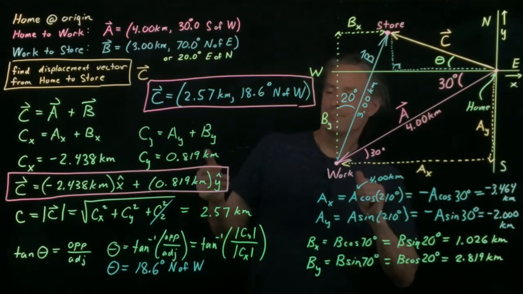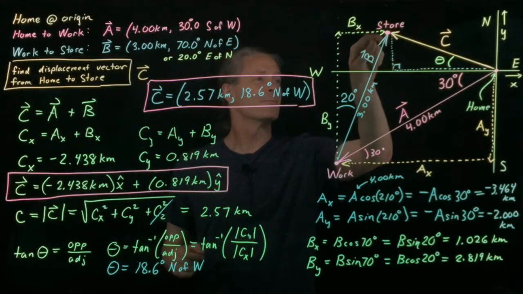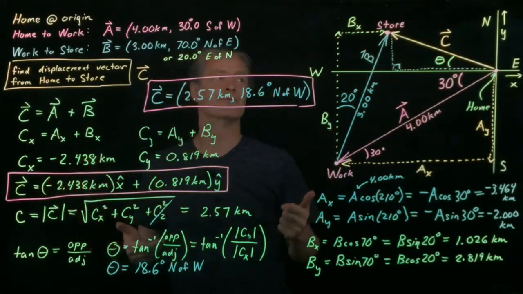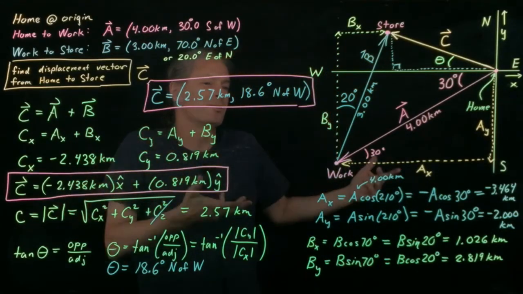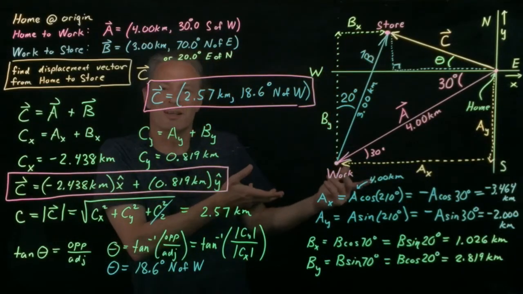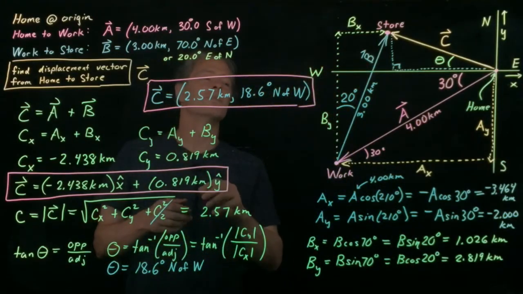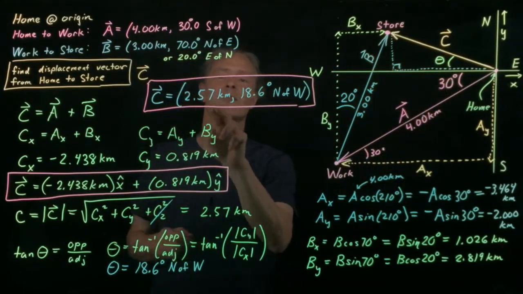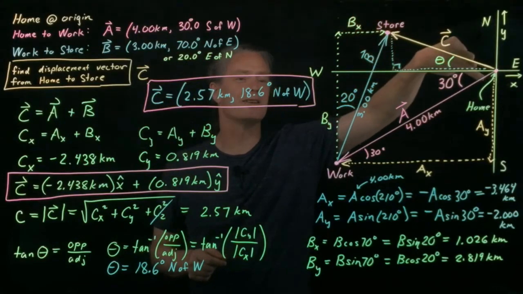Now, if I wanted the displacement from store to home, that would be a vector this way. That vector would be minus C vector. The negative of a vector is just the same as the original vector, but in the opposite direction. Same magnitude, but opposite direction. So the vector from store to home would be 2.57 kilometers, but in that direction.